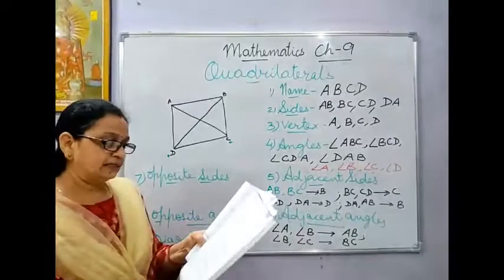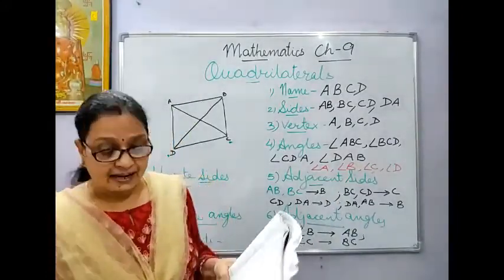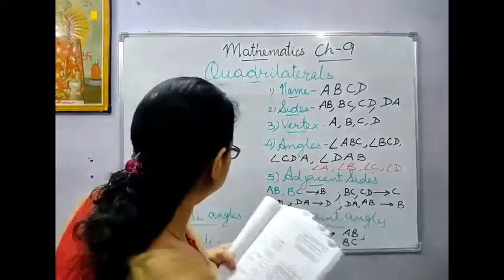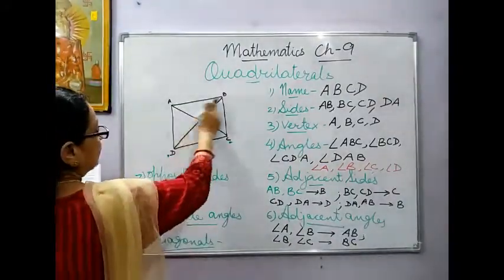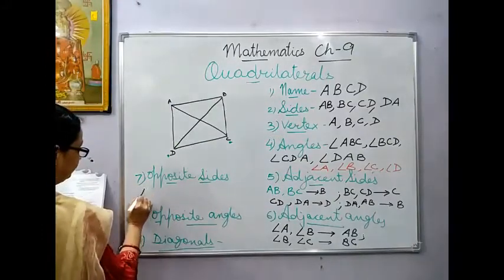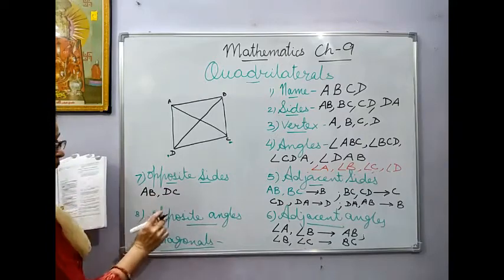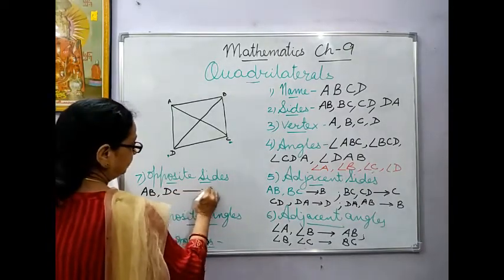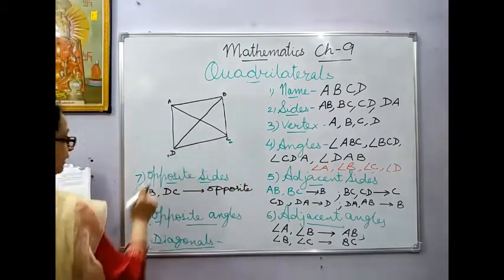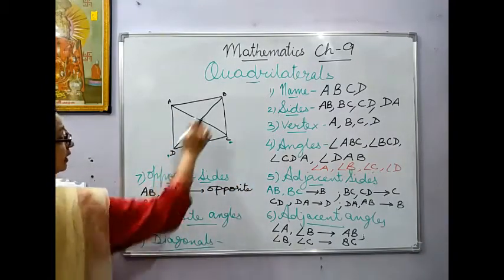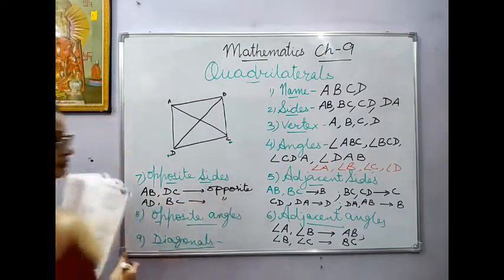Then the two angles that do not have a common side are called opposite angles. So first we'll write down the opposite sides. Opposite sides are AB and CD, they are opposite sides. Similarly AD and BC, they are opposite sides.